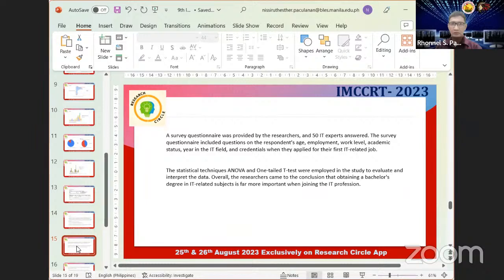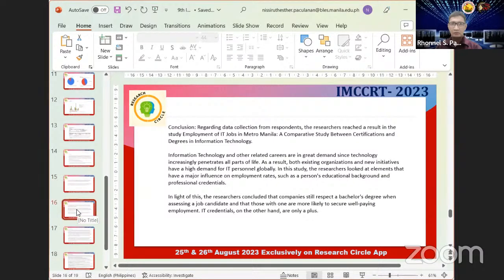Under the statistical techniques, ANOVA and t-tests were employed in the study to evaluate and interpret the data overall. The researcher came to the conclusion that obtaining a bachelor's degree in an IT-related subject is far more important when joining the IT profession.